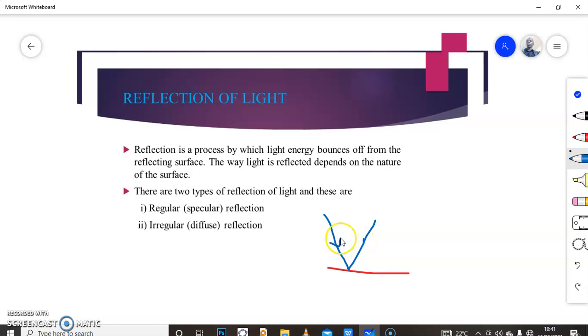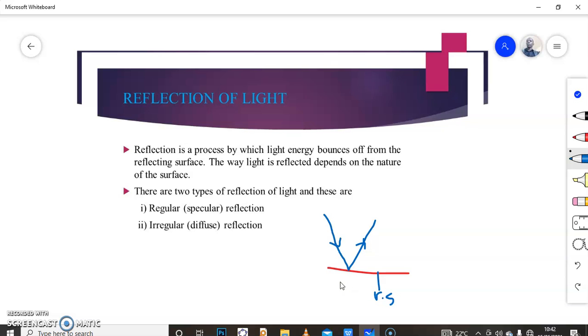So this light ray comes, meets the barrier or the reflecting surface, and it is reflected back, or bounced back.